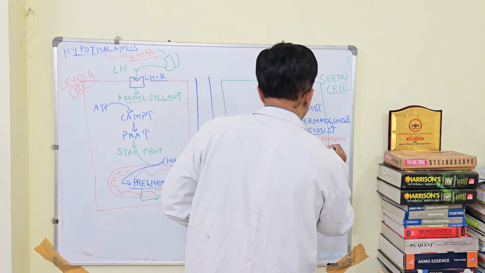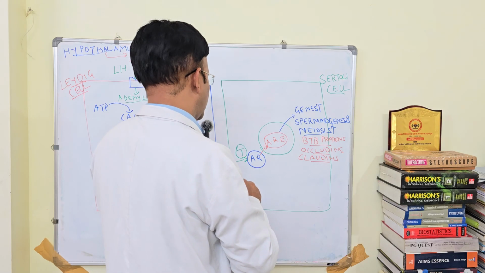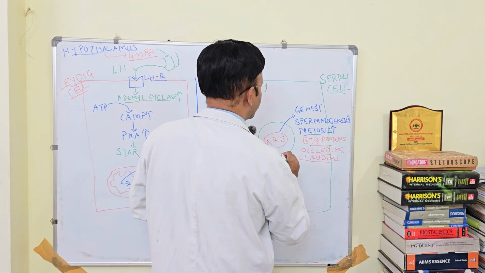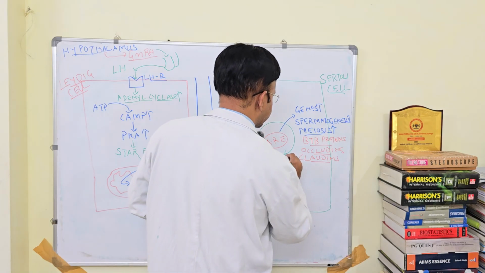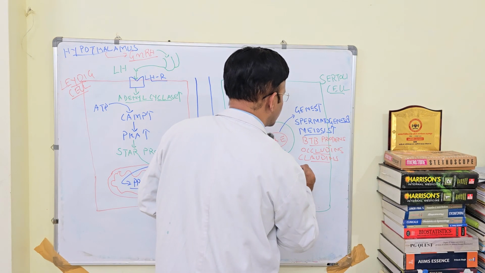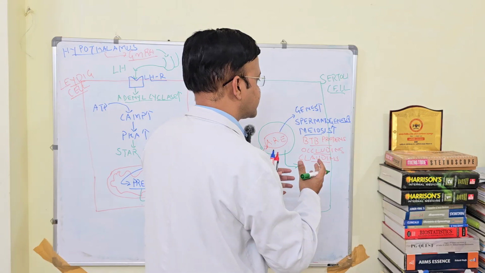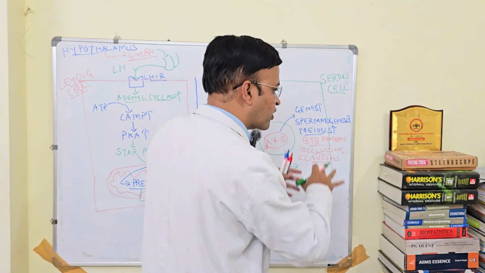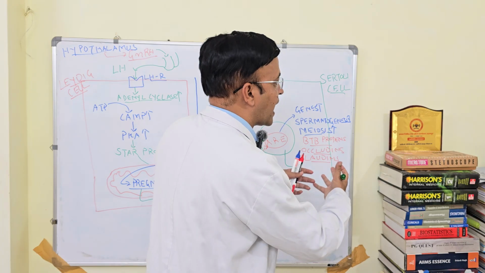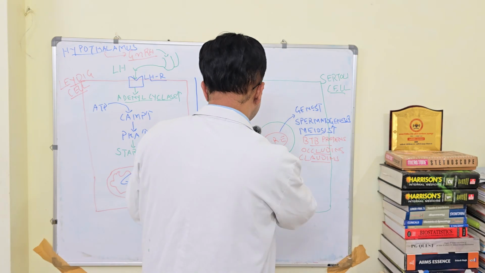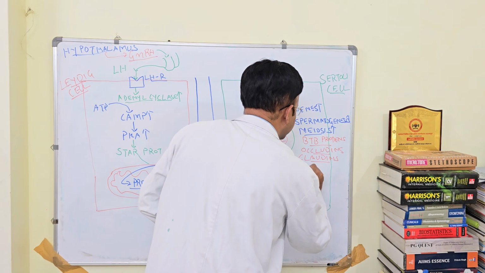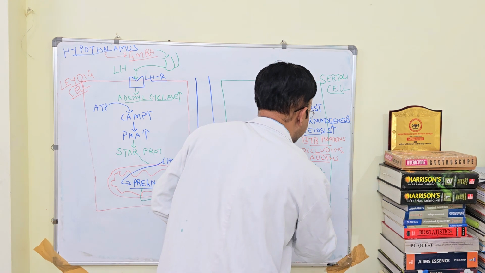Apart from that, it is also going to synthesize anti-apoptotic factors, right? Like BCL2. So the sperms won't undergo apoptosis, right? When testosterone falls down, the sperms undergo apoptosis. But when testosterone is there, it synthesizes anti-apoptotic factors like BCL2, right?